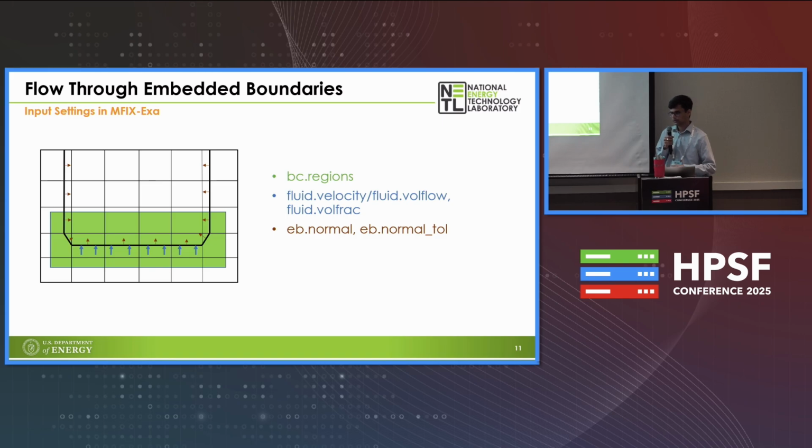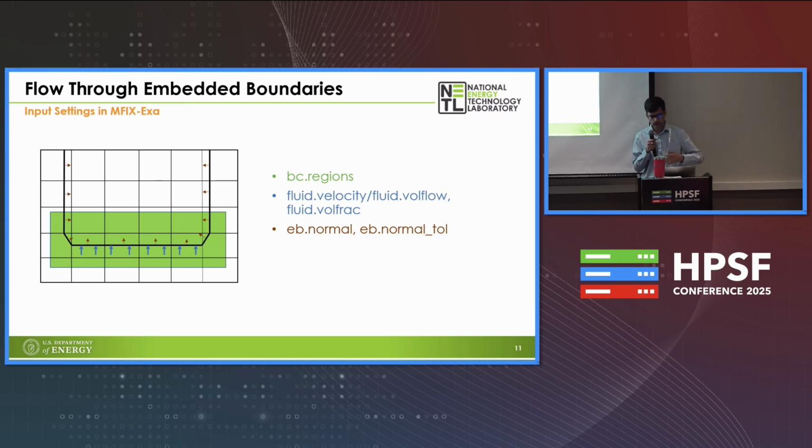The inputs that go into creating this flow-through EB are pretty much a box inside which we have the EB surface on which we want to impose the flow. In this example, I want to have flow coming from the bottom along the blue arrows, so I define a box which contains it. Then I specify a fluid velocity, either as a velocity by itself or a volumetric flow rate.